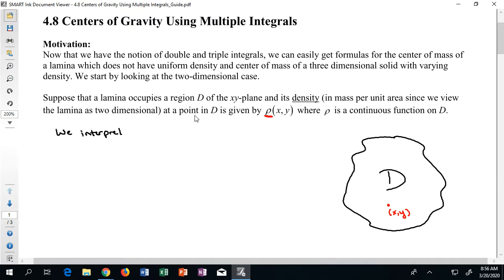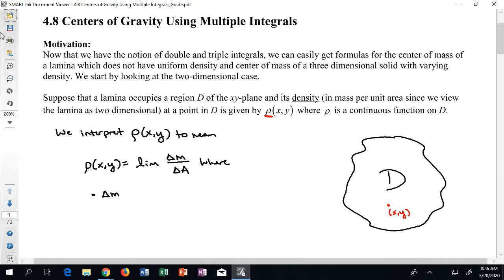We interpret rho of x y to mean rho of x y is really equal to a limit of delta m over delta a. And I'll define what these different pieces of terminology are as well.